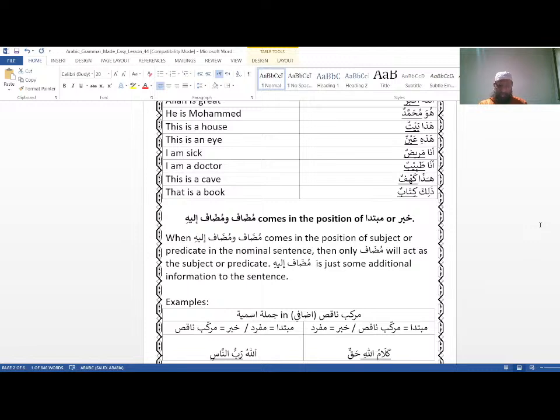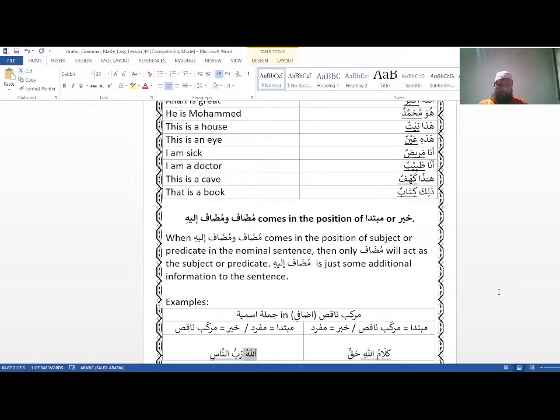So both together become the مبتدا, a phrase مركب ناقص, and خبر gives us more information about كلام الله. Next, مبتدا is مفرد. This is one. مبتدا is مفرد, خبر is مركب ناقص.